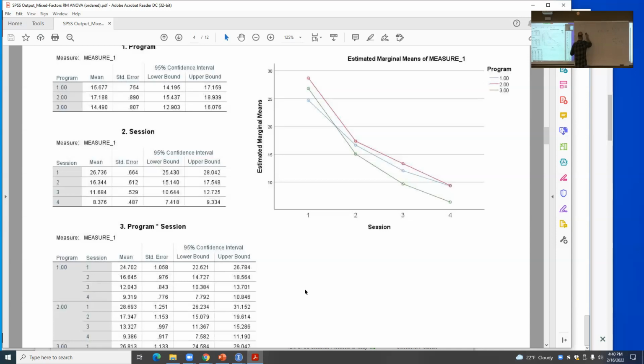If I'm just looking at pre to post, what test can I use? Yep, 3 paired t-tests, right?